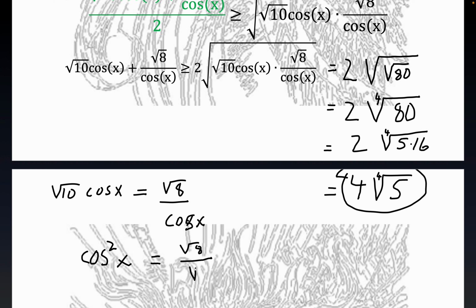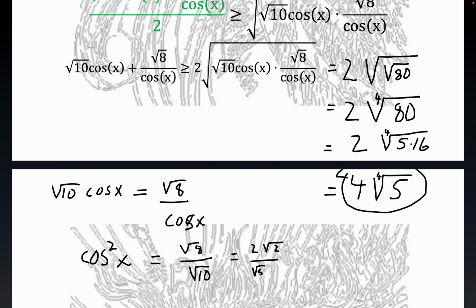Now, notice this isn't a so-called nice number. There would be 2 answers to this that would correspond to this minimum value. I don't have any idea how to find this without just numerically doing it or using Newton's method or something. This isn't a nice angle at all. In fact, what is this? This is equal to 2 root 2 over 5 root 2, or the square root of 5 times the square root of 2.